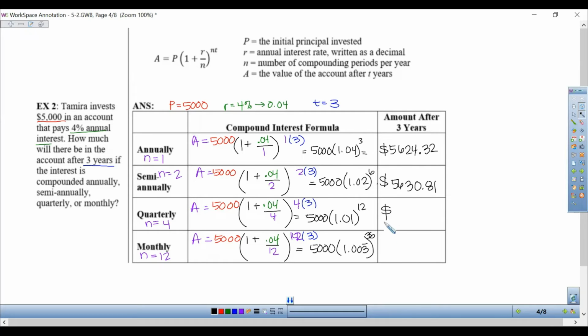So these should increase based on that nature. If I type that into my calculator, I get $5,634.13. Then if I do it 12 times a year, I get $5,636.36. So notice that the more times the interest is calculated, the more money I make.